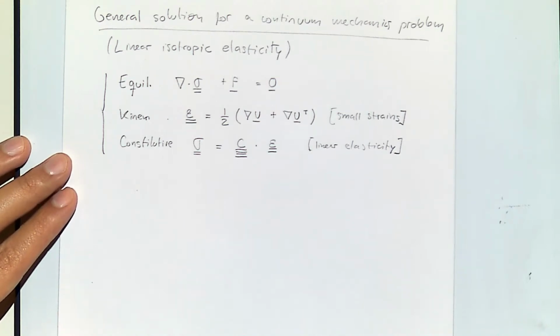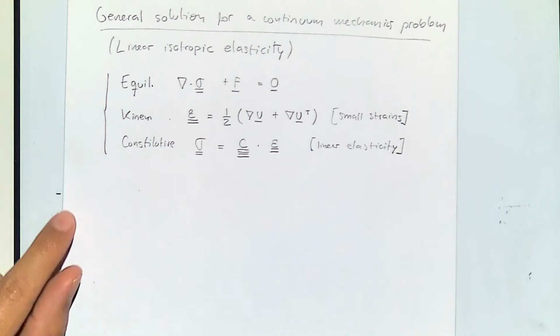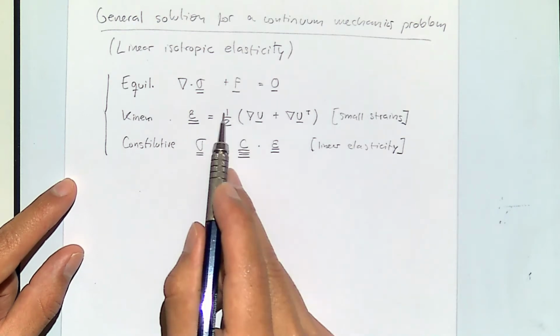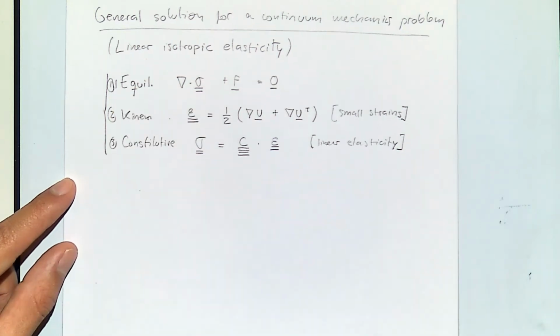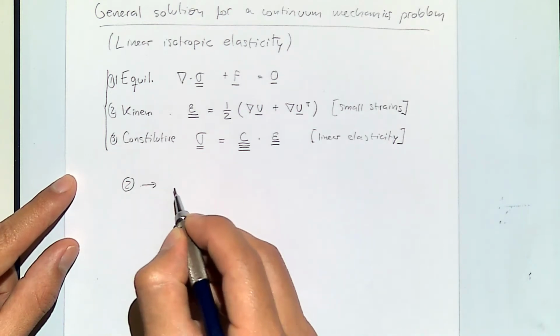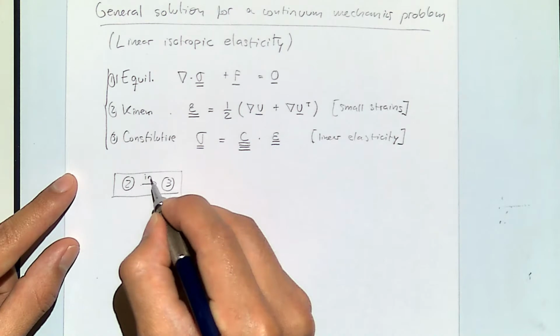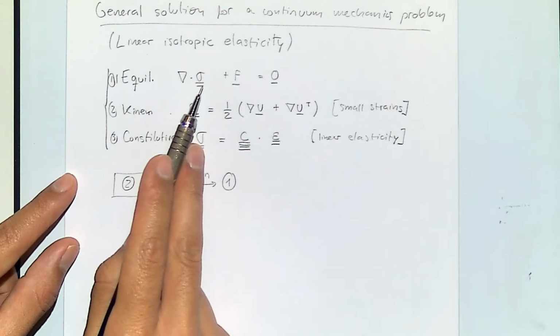We're not going to do this right now because it's going to take a long time. Probably we'll do it later on. But what you can do here is, let's say this is 1, 2, and 3. You can put 2 into 3, and what results from that is going to be sigma, and you can put all of that into 1, which is equilibrium.